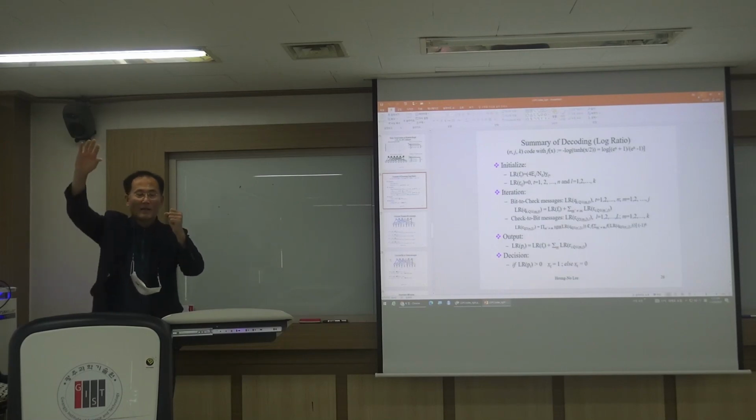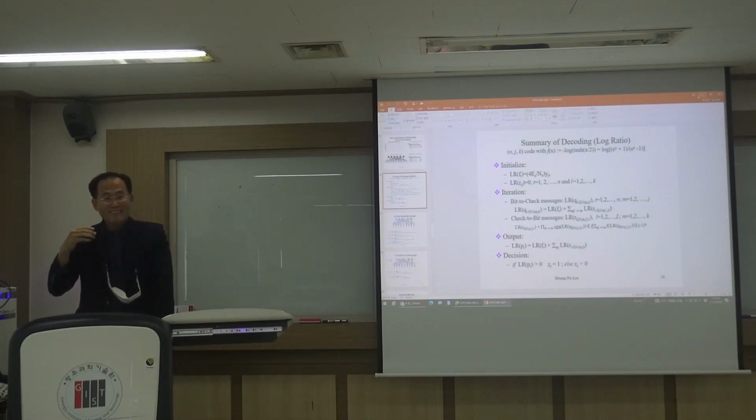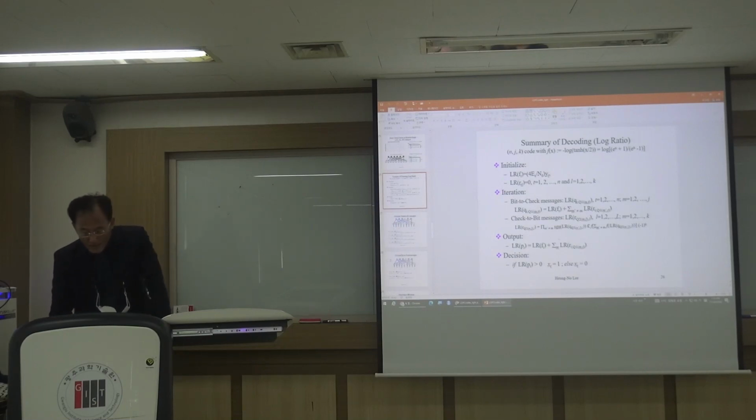Because that is the number of code words you have to compare. Which one is closer to the received word, right? So that is called the distance spectrum, the code word structure. I will now talk about that one.